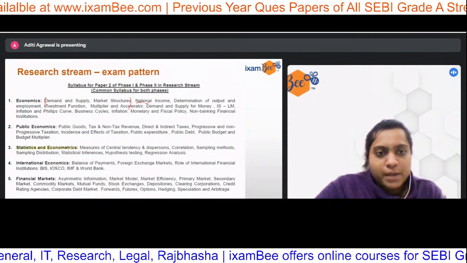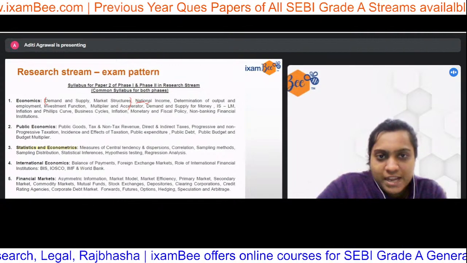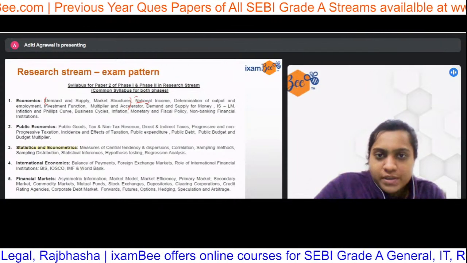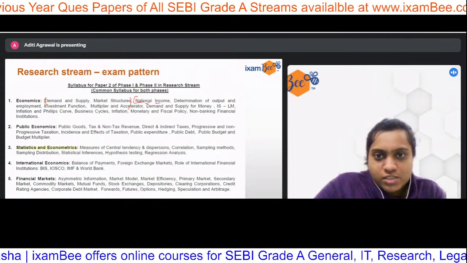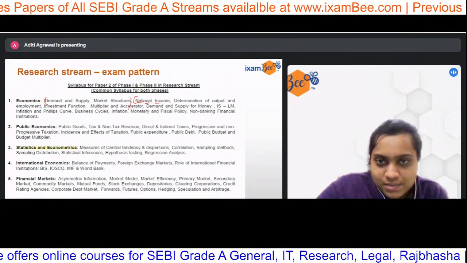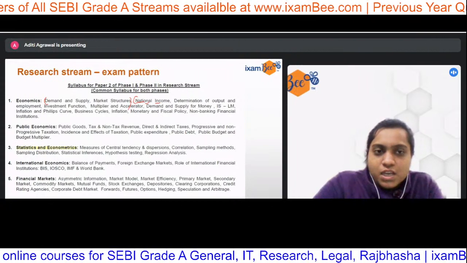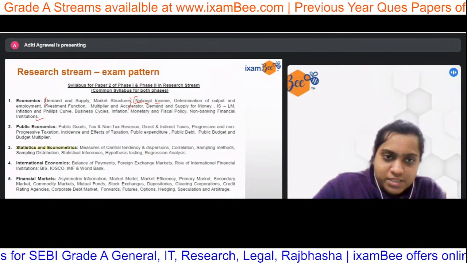From the microeconomic section, there are only two topics: demand and supply and market structure. The rest of the topics from core economics are from the macroeconomic section, which are national income, determination of output and employment, investment function, multiplier and accelerator, demand supply, ISLM, inflation and Phillips curve, and business cycle. So all these topics are from the economics section.